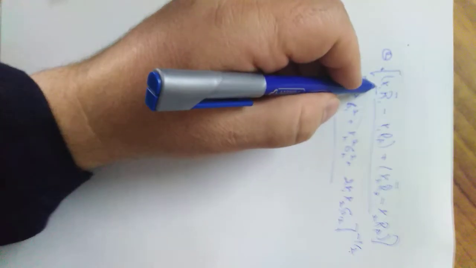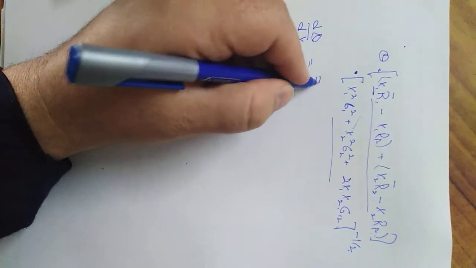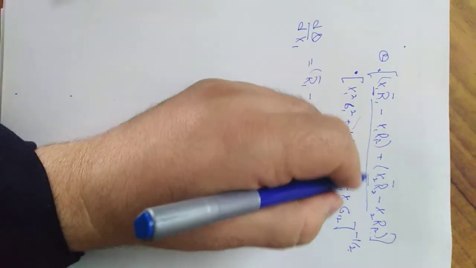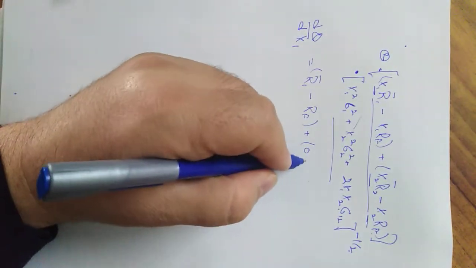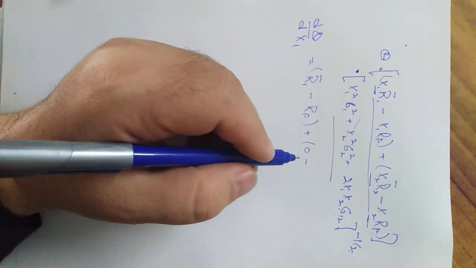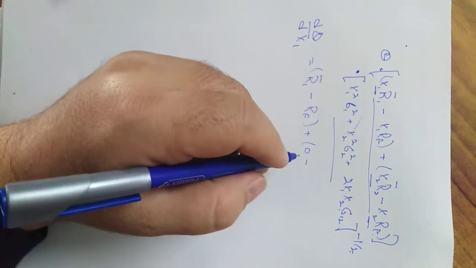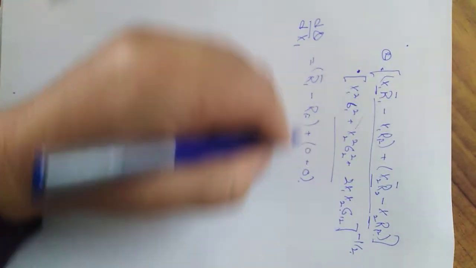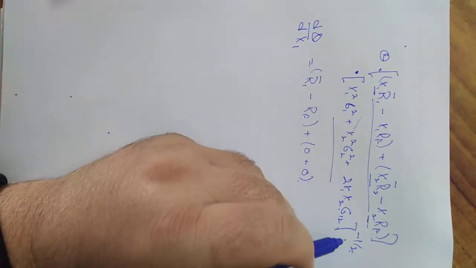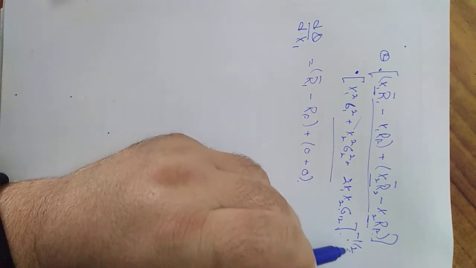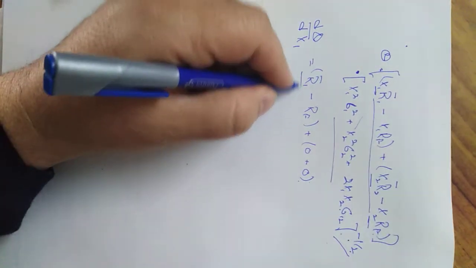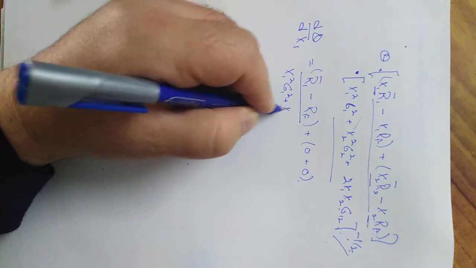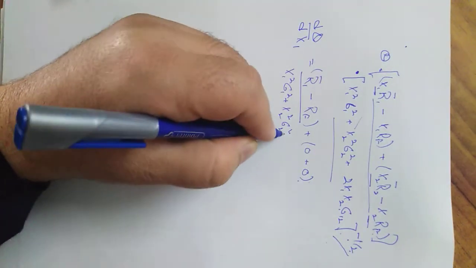This is a variable, so it becomes r1 minus rf, plus these become constants, so they become 0. I take this whole value in the denominator to make things simpler for the time being.